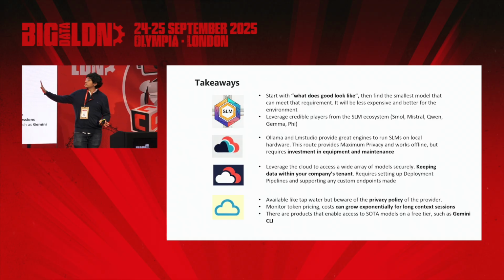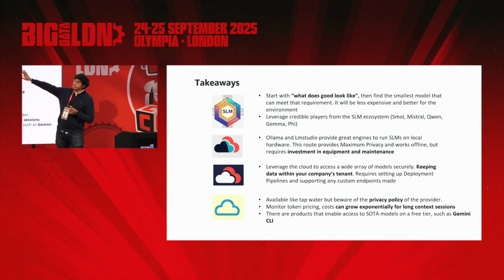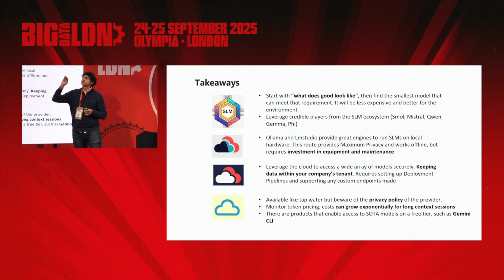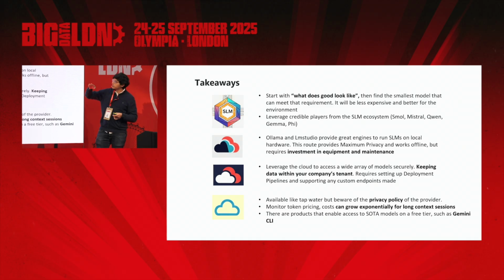So that leads me to the takeaways. Going back to the start, what does good look like? And then iterate on the smallest model. Start with reaching that threshold and then pose challenger models to overthrow the champion, and that will lead to a better outcome.